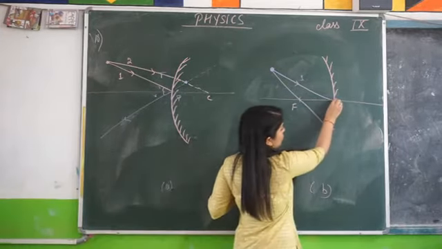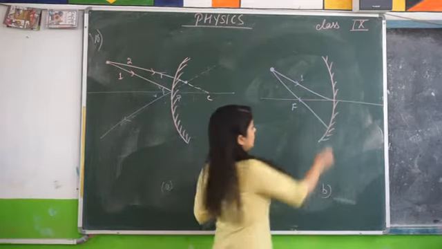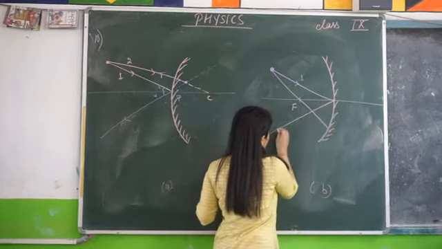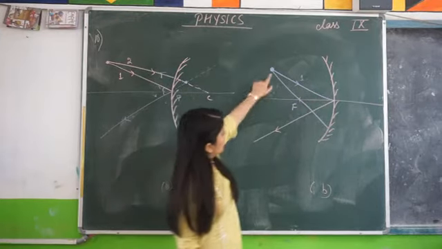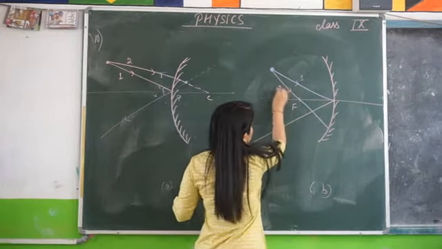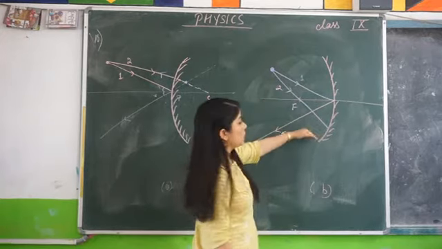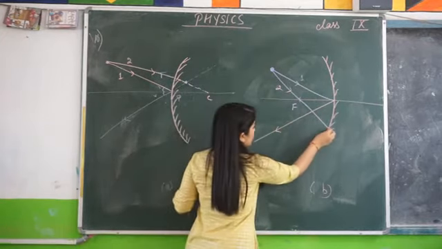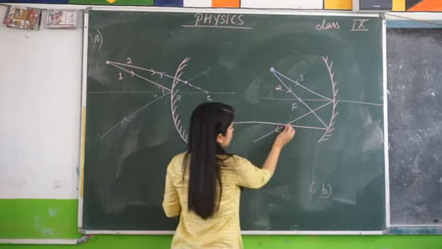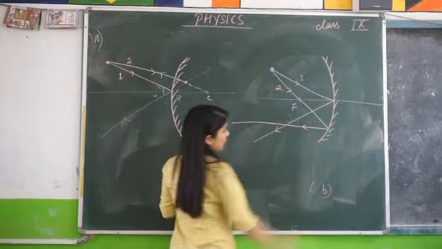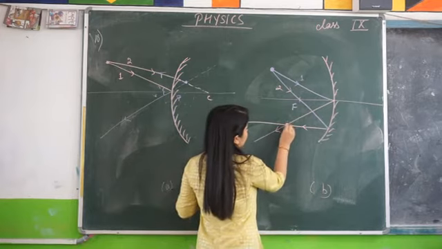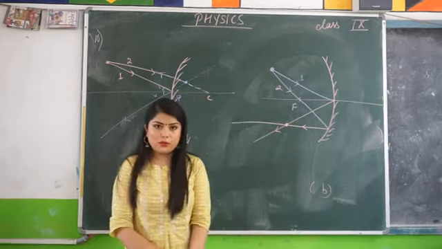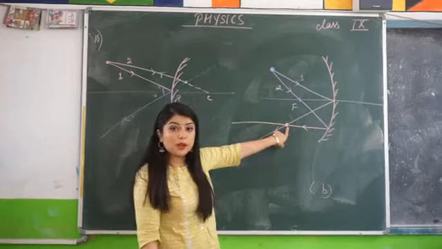Whichever light falls at the pole will reflect from the pole itself like this. The second one, the ray of light which passes through the focus, will go parallel like this. Wherever these two rays meet, at that point the image will be formed.